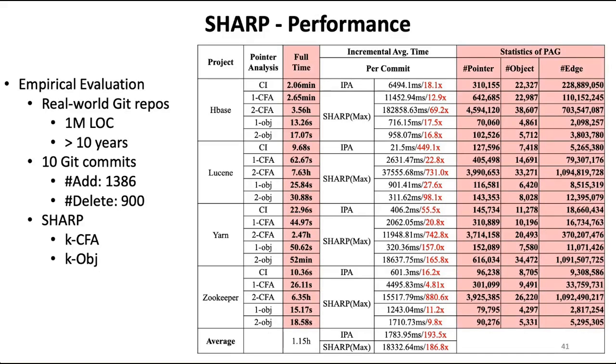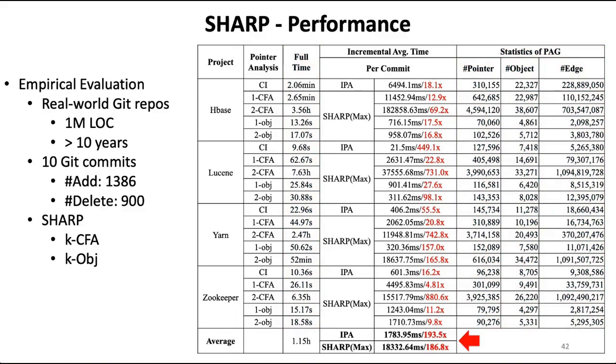We first run the initial whole program pointer analysis on the most recent code available in GitHub. The full times are shown in column 3, and the statistics of generated PEGs are in the last 3 columns. Then we utilize the computed points-to analysis result to initialize Sharp and apply its incremental algorithms to analyze each commit.